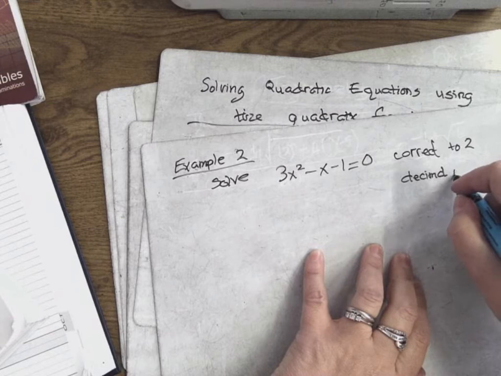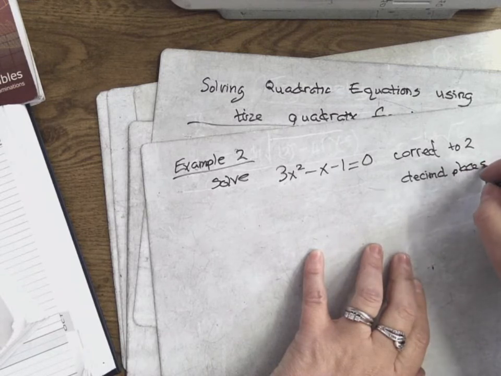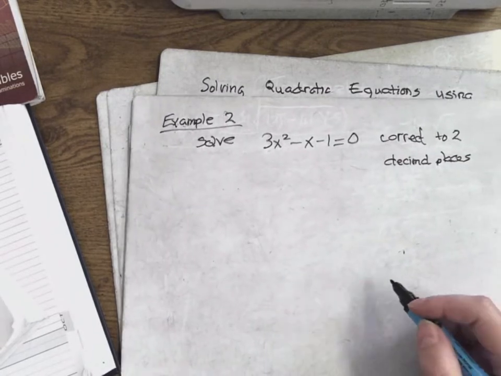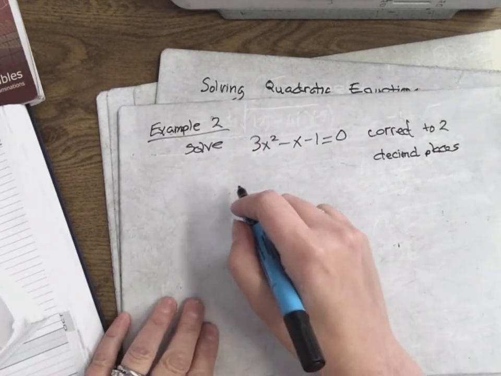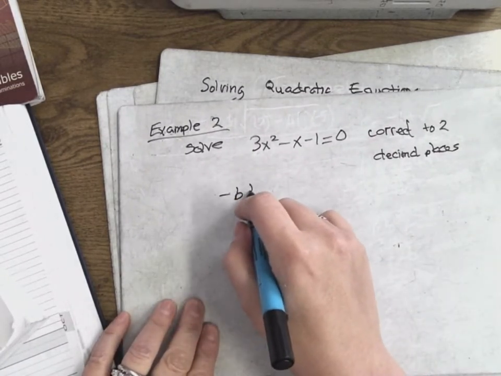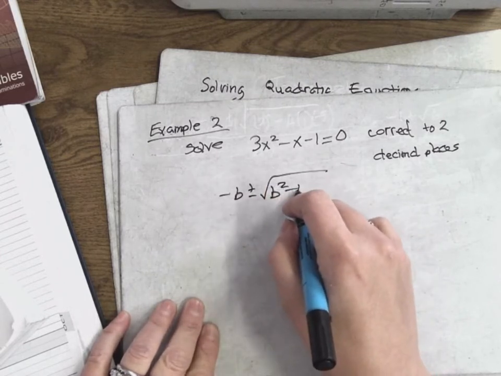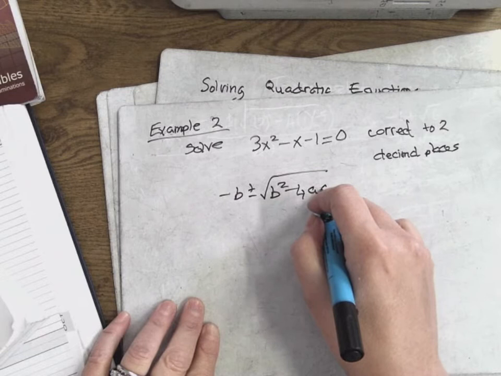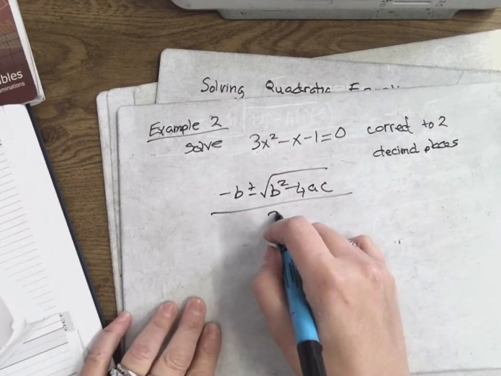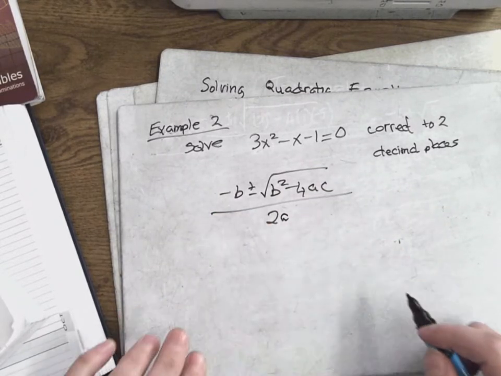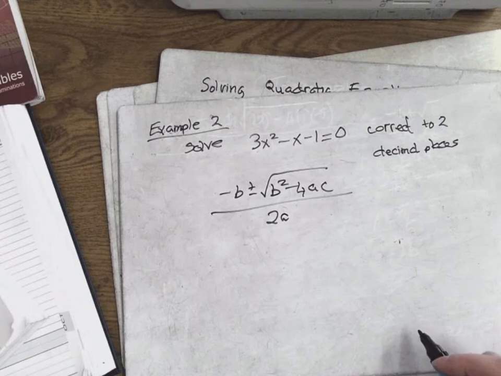Yeah, you could, definitely. It would just take longer, right? Correct to 2 places of decimals, okay? Right, so you write down your formula, minus b plus or minus square root of b squared minus 4ac all over 2 times a. And as I say, you don't have to remember it. You don't even have to open the log tables. It's on the front cover, right?